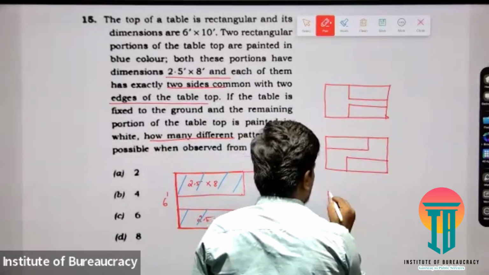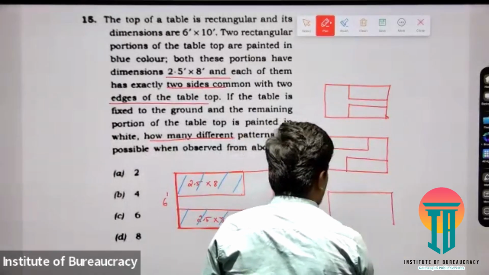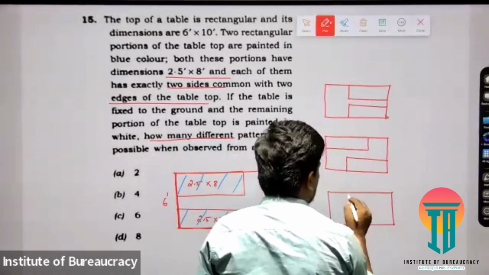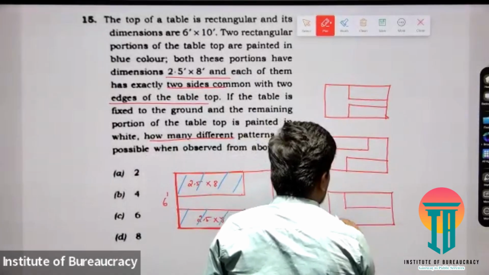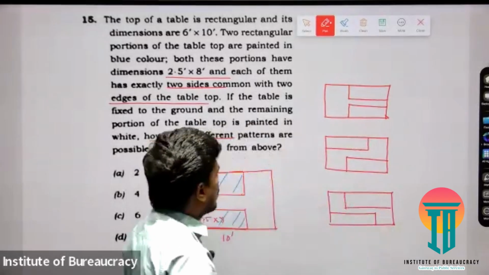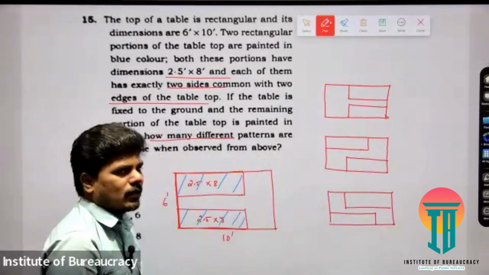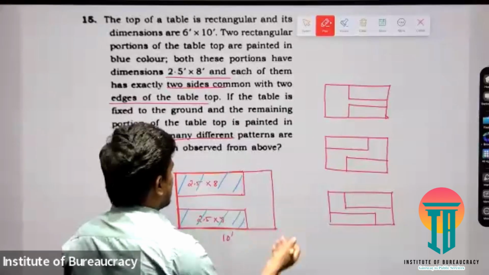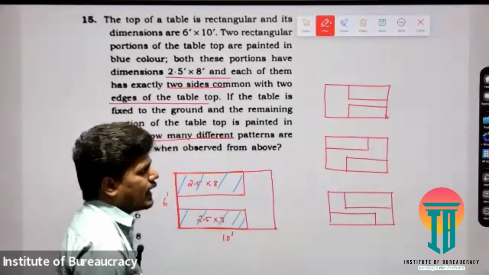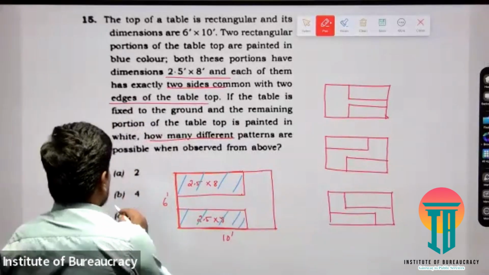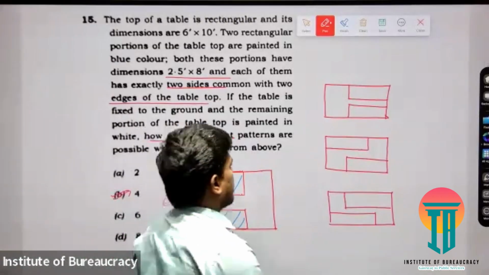Or the other one can be something like this. So these are the four possible patterns we can form. Except these, I think we cannot find any other pattern. So four will be the answer for this question.